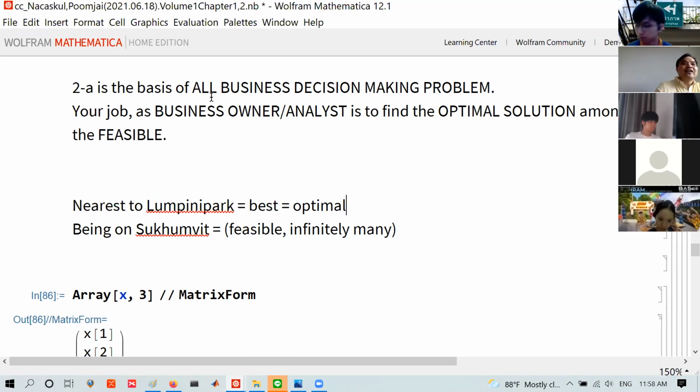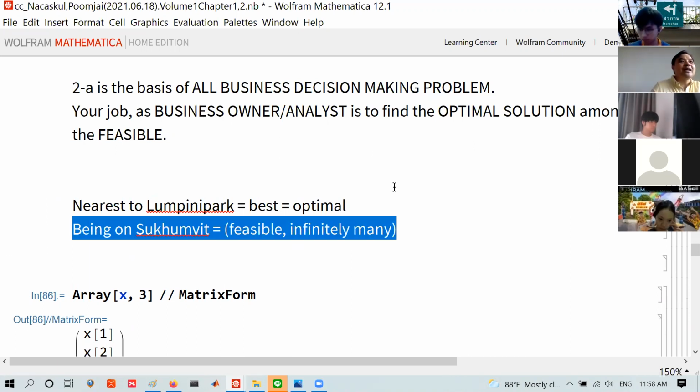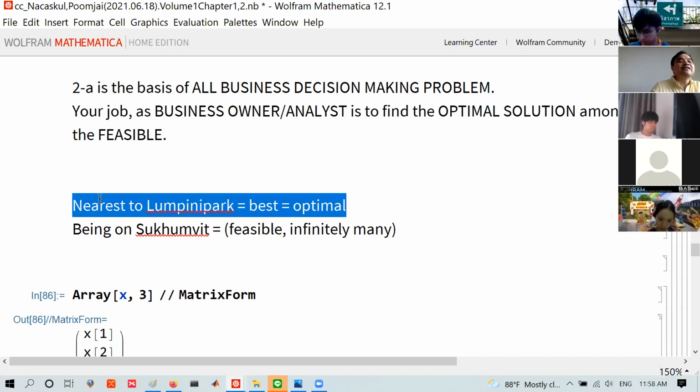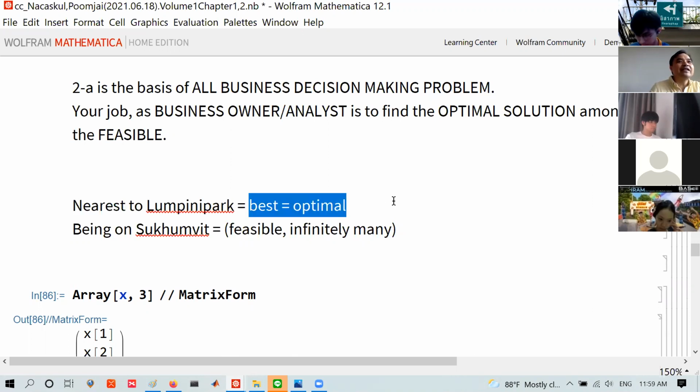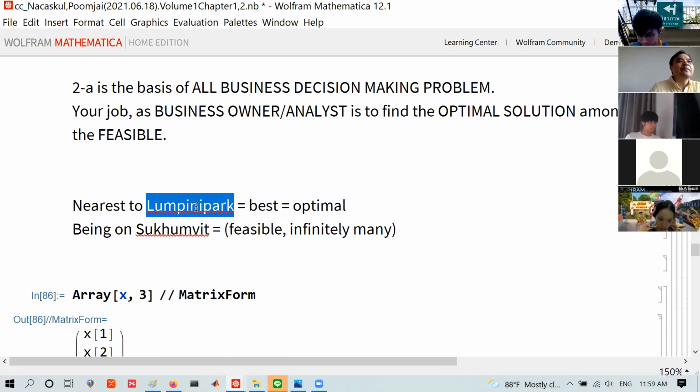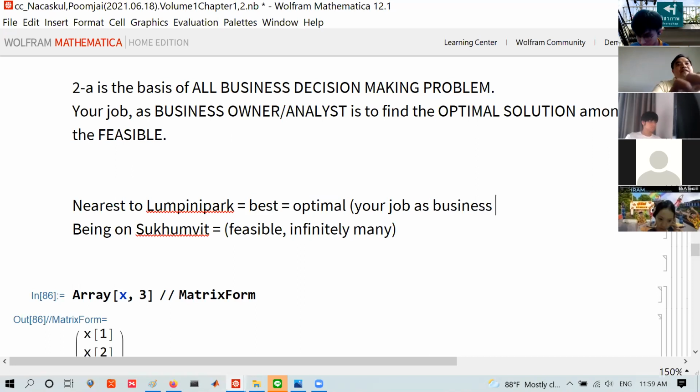So this is, okay, this is given to you, infinitely many. This is business decision. You can be anywhere on Sukhumvit Road, but the criteria here is nearest to Lumpini Park. You have to find that spot. And that's your job as business analyst. Okay?